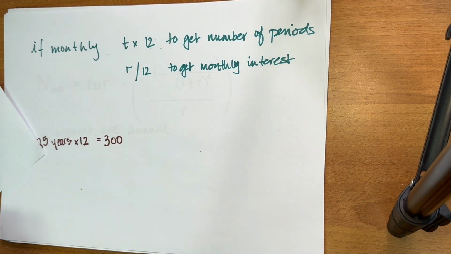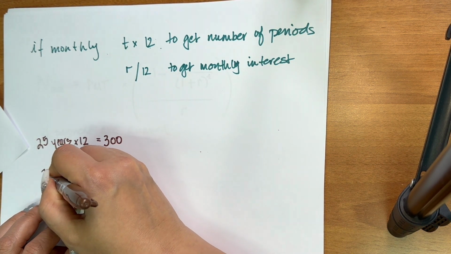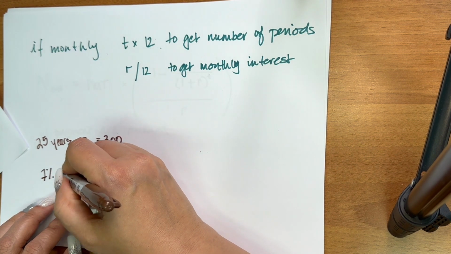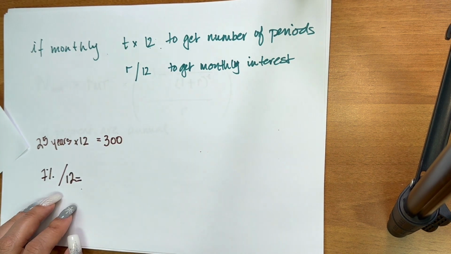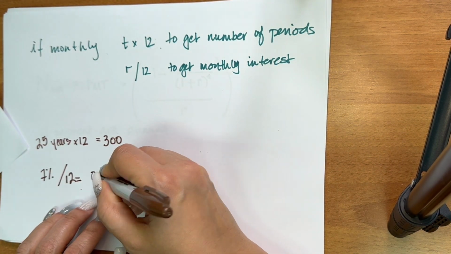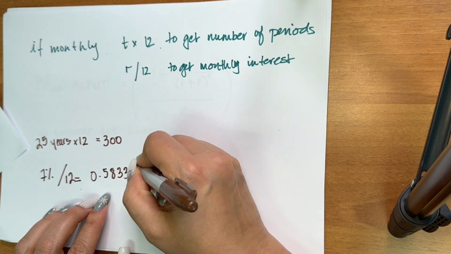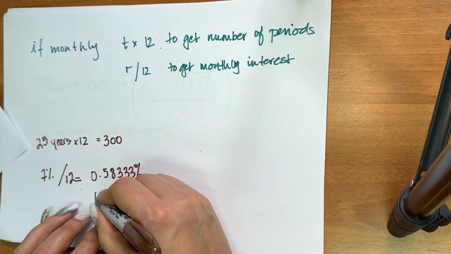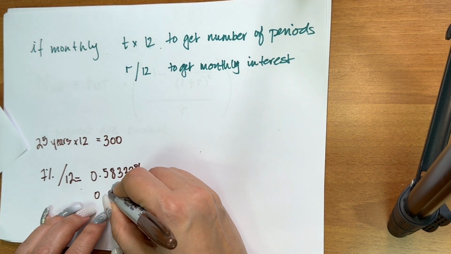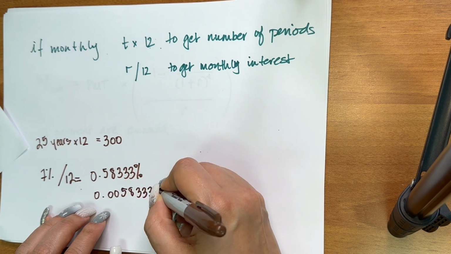So let's do that. I'm going to do 7% divided by 12. If you do that with your calculators or with your phones, any way you want, you are going to get 0.5833%, or if you want to have it as a decimal, 0.005833, and the 3 keeps going.